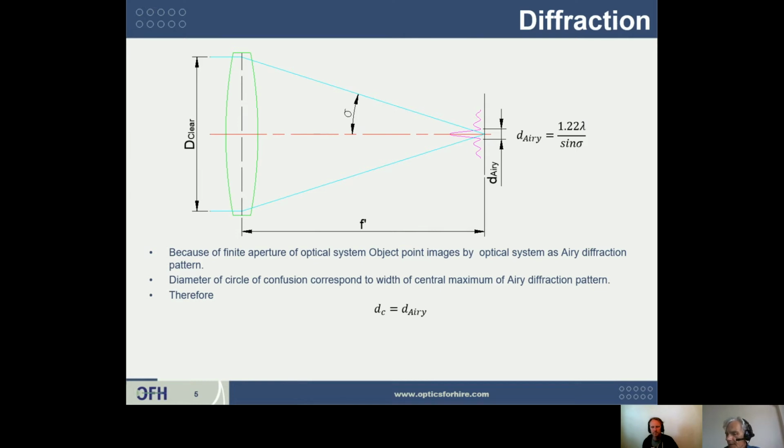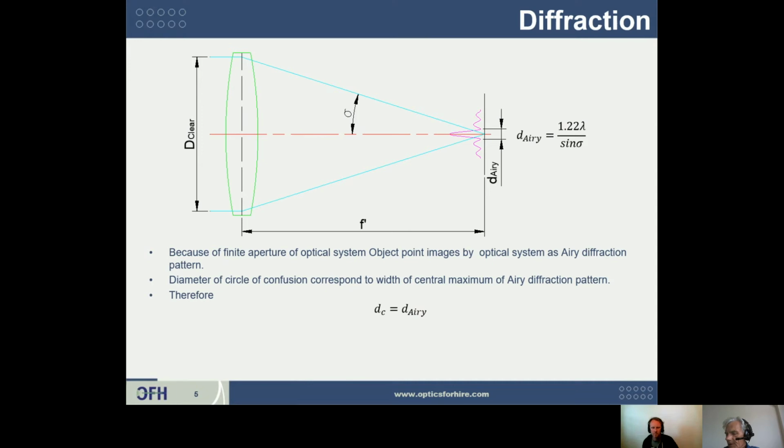Sometimes photographic lenses have an aperture stop, an iris diaphragm, and it is a well-known fact that if you would like to increase the depth of field, you just make the aperture stop smaller.